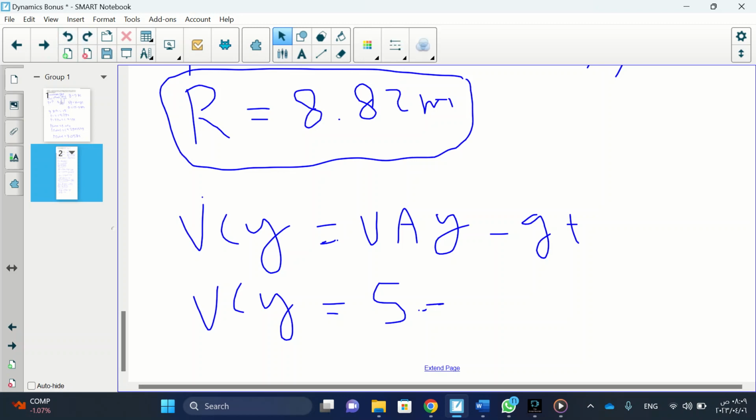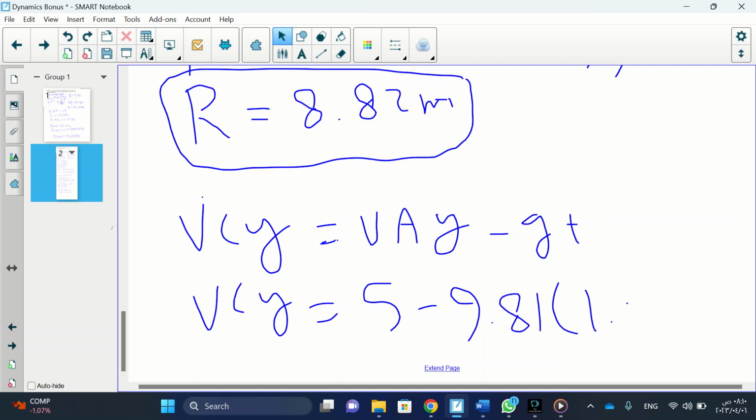I hope my writing is clear. So VCY is equal to 5 minus 9.81 times T, which is 1.019.